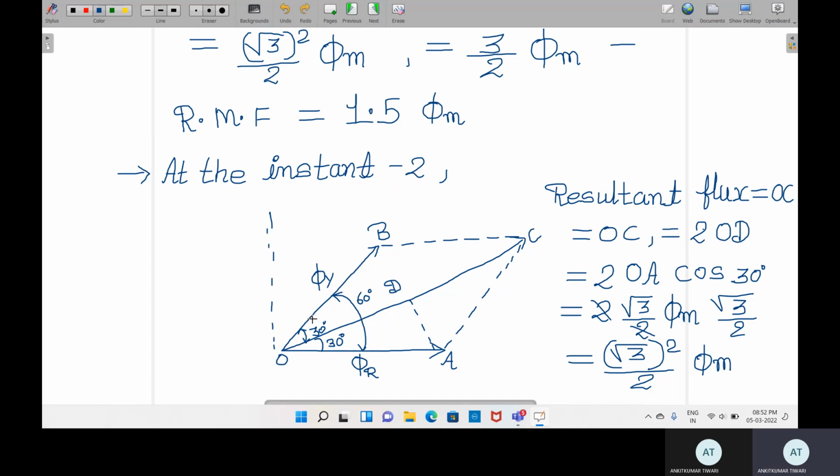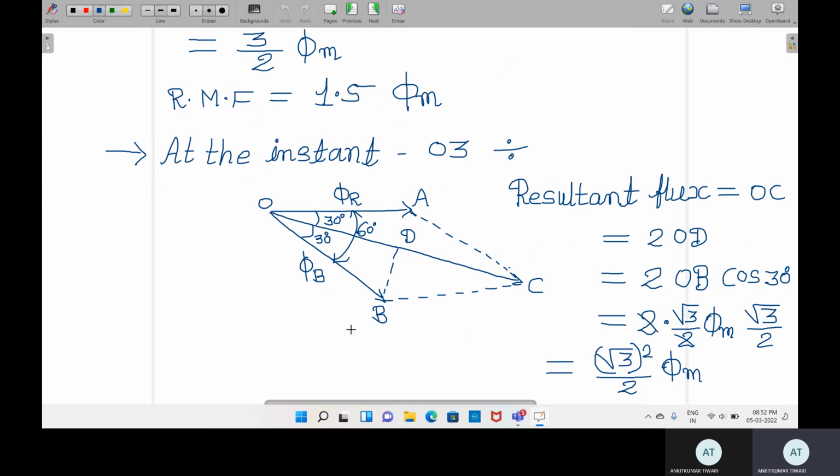So our resultant flux at the instant 2 has been shifted by 60 degree. It is not stationary at the instant 2. Similarly, if we move to the instant 3, what is the condition?